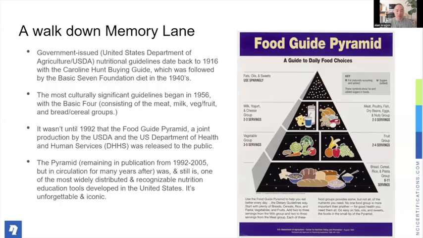We're looking at a 13-year tenure that this graphic was floating around the public domain. And it still is one of the most widely distributed and recognizable nutrition education tools developed in the United States. And almost everybody has seen it. And almost just as many people have criticized it and complained about it, with some justification.